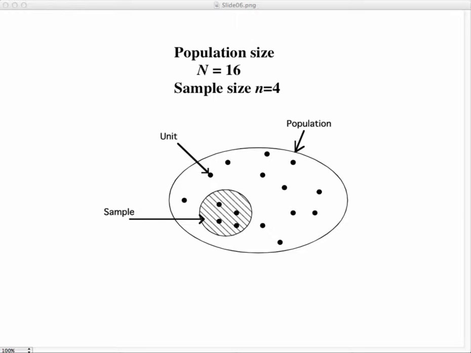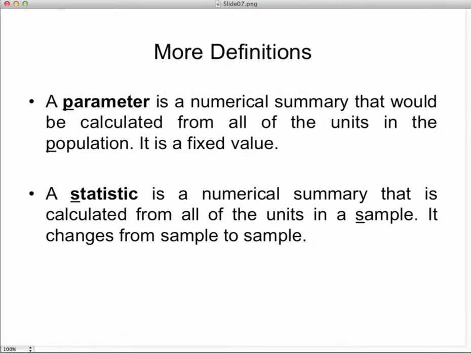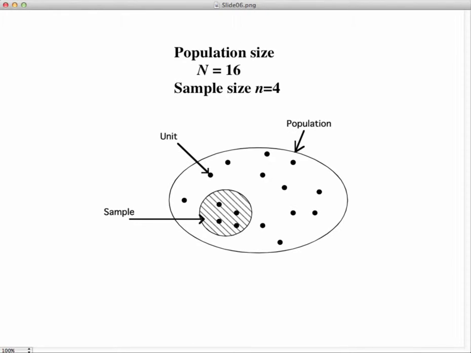So let me give you a little drawing here that may help make this make sense. It's the famous egg with pepper on it drawing. So let's say in this particular example right here, capital N is equal to 16. In other words, there are 16 pepper flakes on our egg. And we go in and we take a simple random sample of size n equals 4.